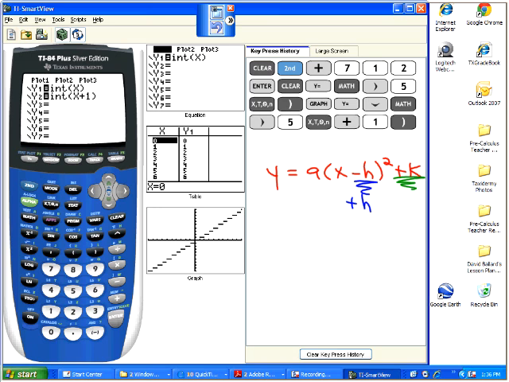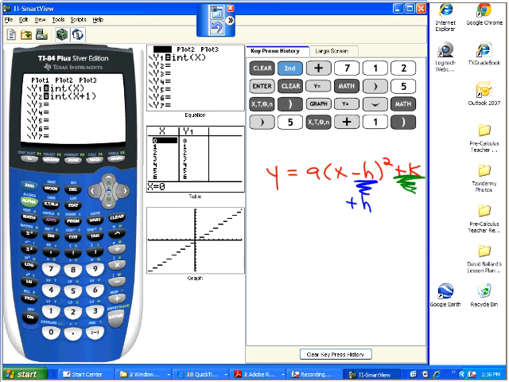Now this is really cool. This happens according to the order of operations. When it's happening to y, it happens according to doing. If you see a plus k, it's a plus k. How does it happen to x? According to undoing. What would undo a minus h? Plus h.